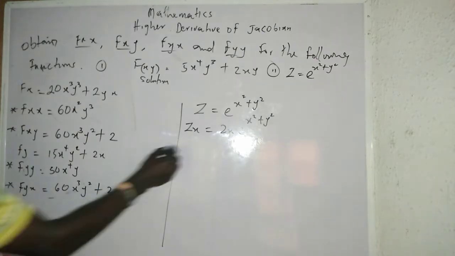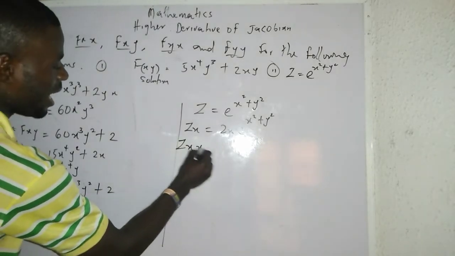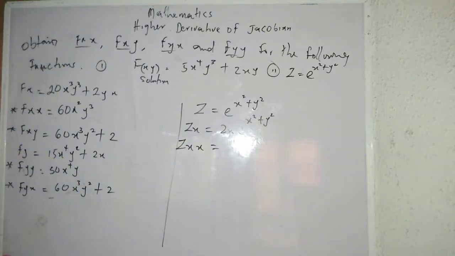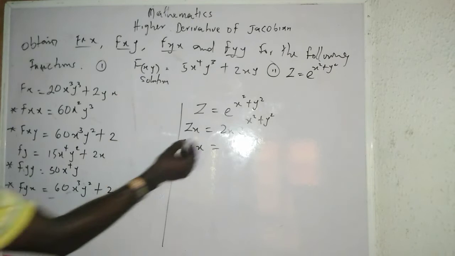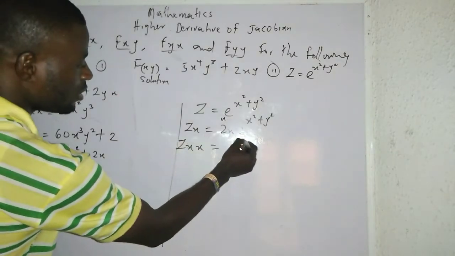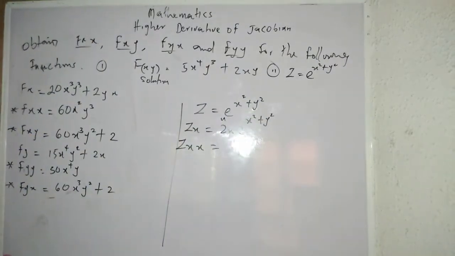Now, my z of xx will be equal to, because it's a product rule, I will differentiate one, hold one. This one will be u, this one will be v.